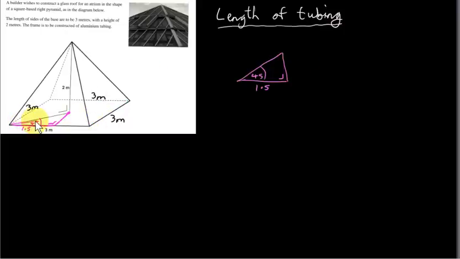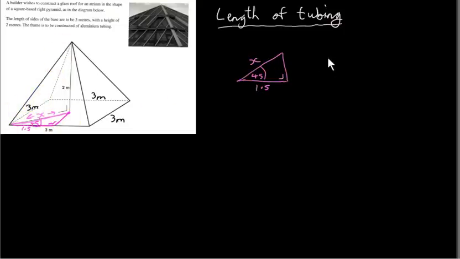That means we can now calculate this distance here. Because we have a right angled triangle, we have an angle other than the right angle, and we have one of the sides, which is 1.5. So I'm going to calculate this distance here, which I'll call x. We need x because we can use this x and this length here to find the length of this edge. So I'm showing this triangle over here.